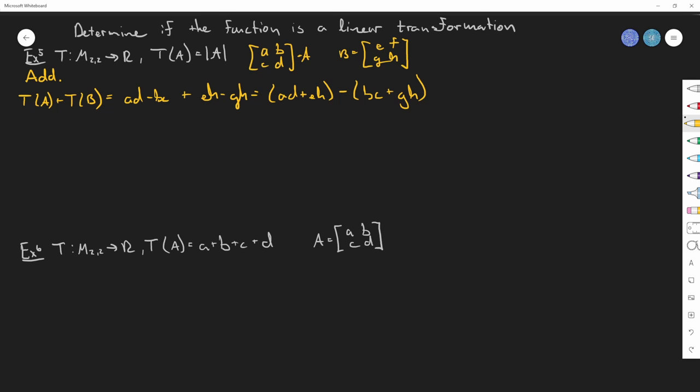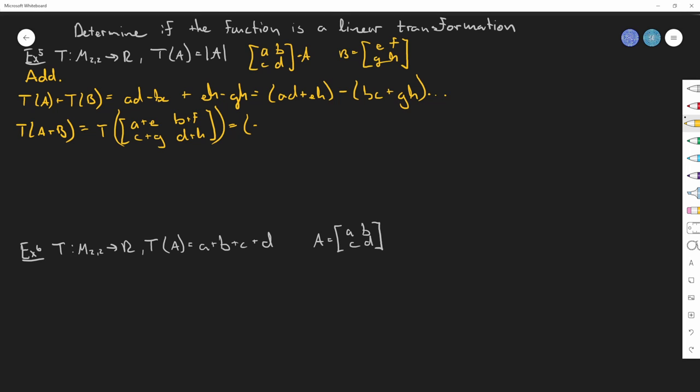All right. I don't know what to do here, so we're just going to stop here and do the other one. So A plus B would basically be A plus E, B plus F, C plus G, and D plus H. So we have to find the determinant.